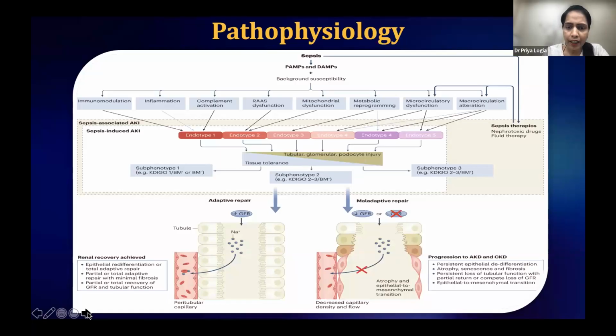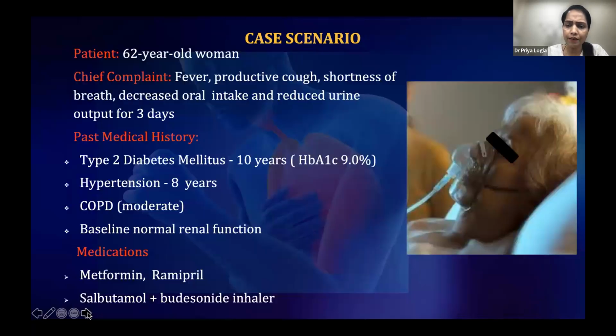Sepsis induced AKI is a subtype of sepsis associated acute kidney injury. This involves the mechanisms predominantly involved in sepsis per se, whereas sepsis associated acute kidney injury involves mechanisms that include the nephrotoxic drugs and the fluids that we give.